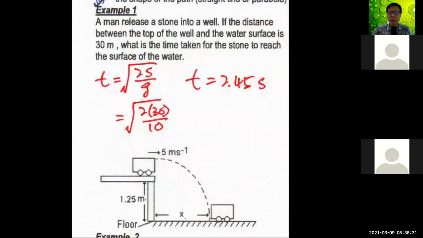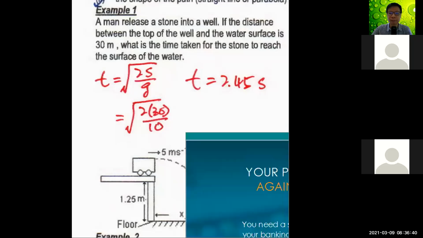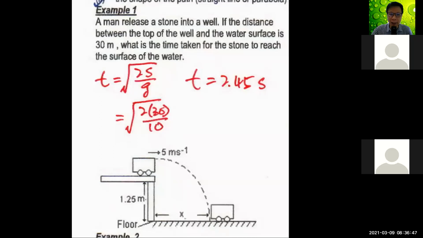what is free fall? When I call your name, can you answer? Aislinn Lim, what is free fall? An object that falls with an acceleration due to gravity is said to be in free fall. Is that enough?